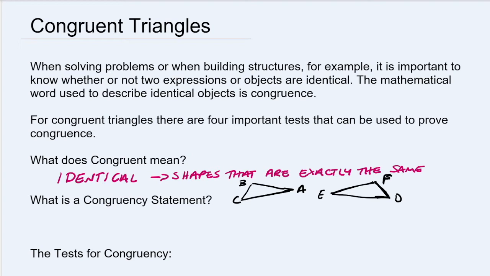Let's do a little bit that will prove that. What we would do is we would say triangle ABC, if these two triangles are congruent.